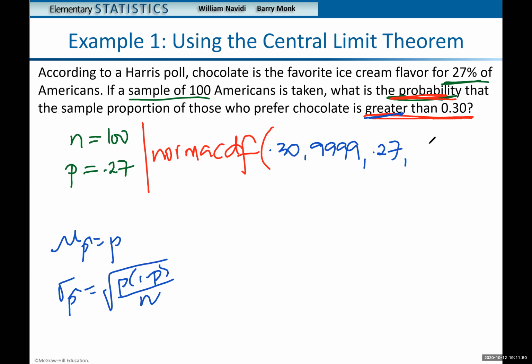It's up to you; you could type the square root of p, which is 0.27, times 1 minus p, which is 0.73, over n, which is 100. And you will get the answer.